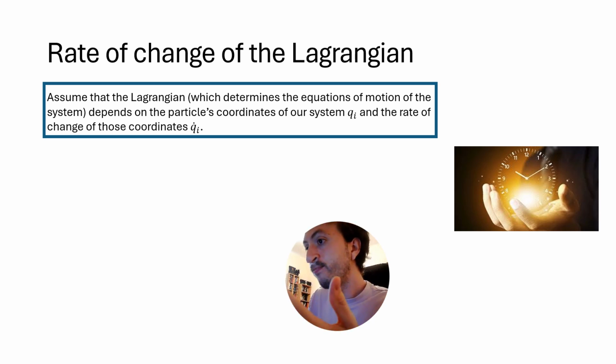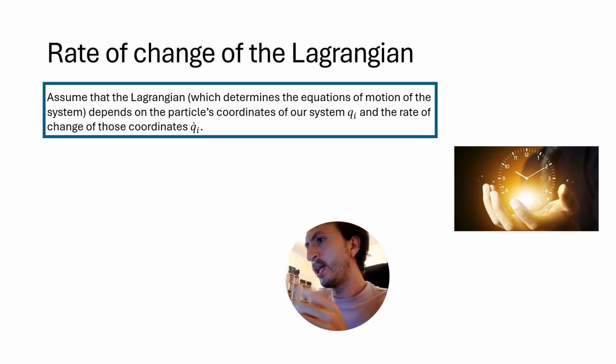And for some forces, like the Lorentz force, which describes how a particle moves in a magnetic field if the particle is charged, the potential might also depend on Qi dot as well as Qi.